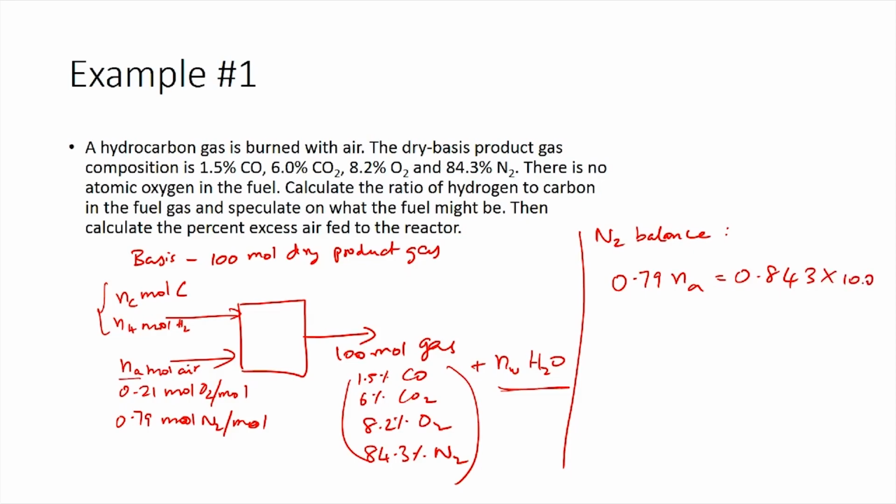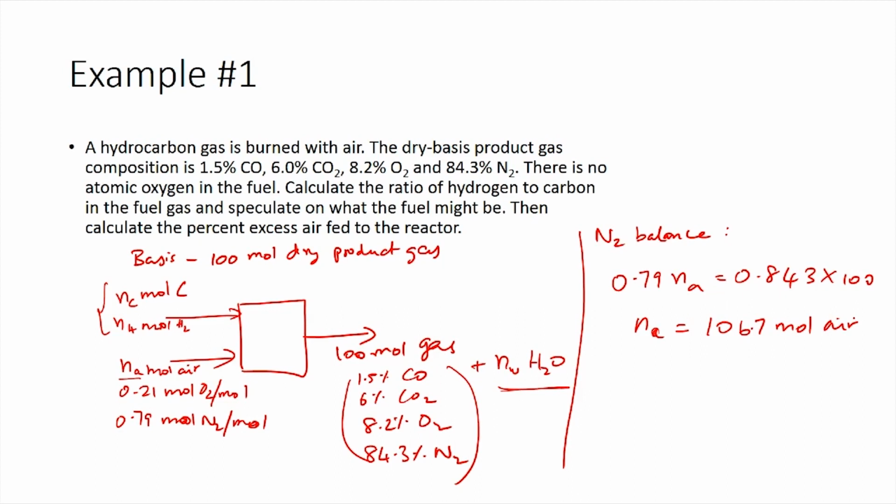As nitrogen is considered to be an inert component and as the process is at steady state, you would not have generation or consumption terms for nitrogen and accumulation would also be 0. So this means input equals output, which is what I have written down. So based on this you can calculate the number of moles of air entering the system as 106.7 moles of air.